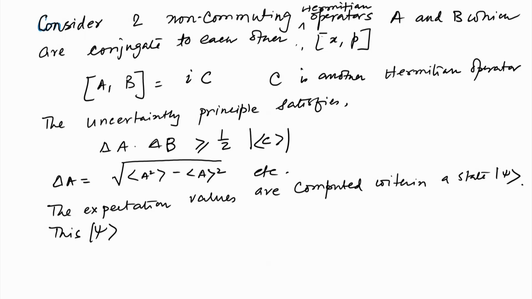This psi will earn a name as a minimum uncertainty state if one of the observables, say delta A, satisfies a certain relation. We will just write that.